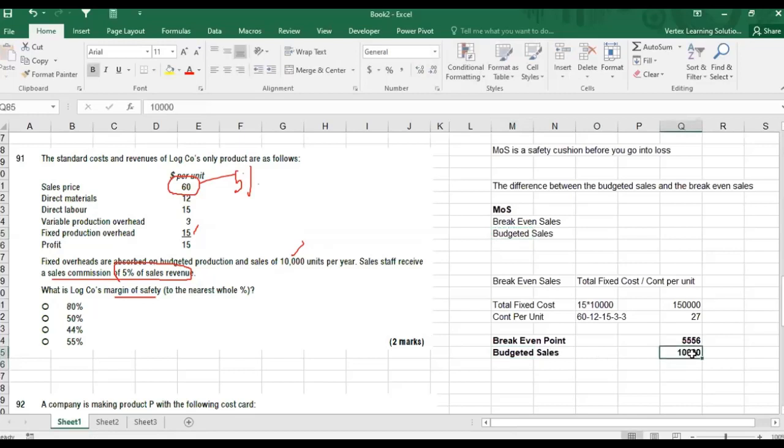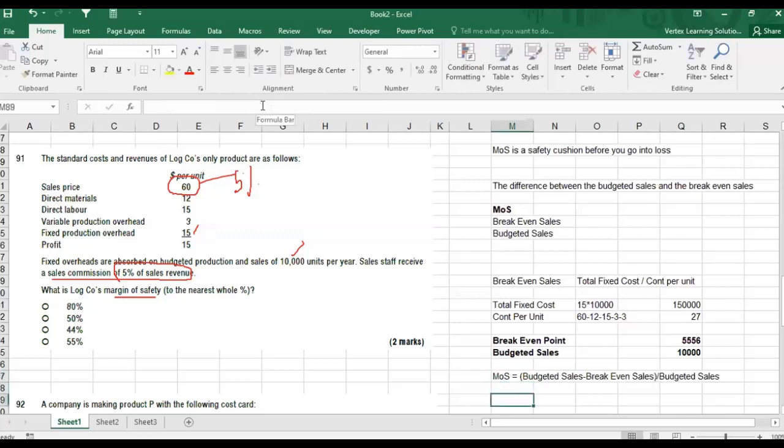Now you know that your break-even is 5,556, budgeted is 10,000, and here comes your margin of safety formula. Margin of safety is (budgeted sales minus break-even sales) divided by budgeted sales.